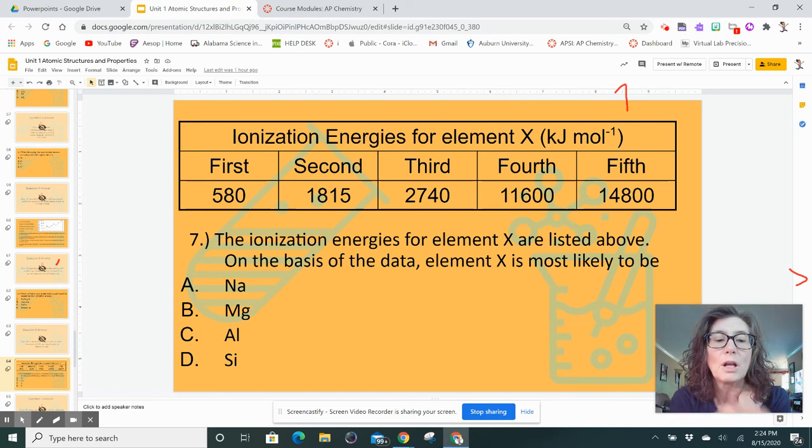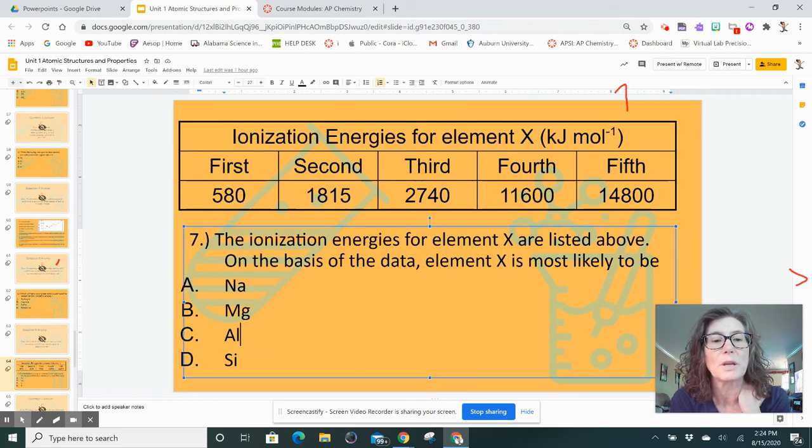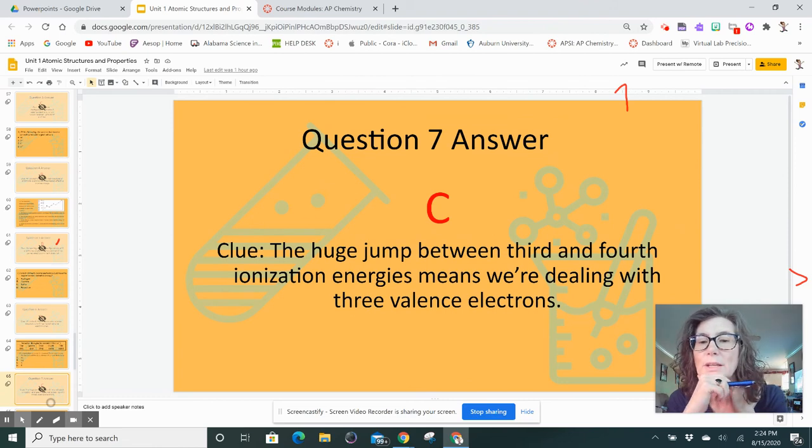Aluminum has 3 valence electrons. Magnesium has 2, sodium has 1, silicon has 4. So the correct answer is C.